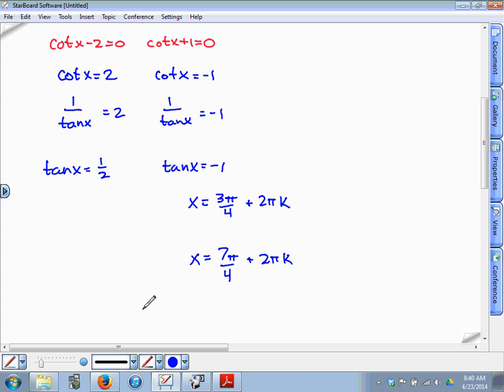Tangent of x equals 1/2. Getting my calculator running.